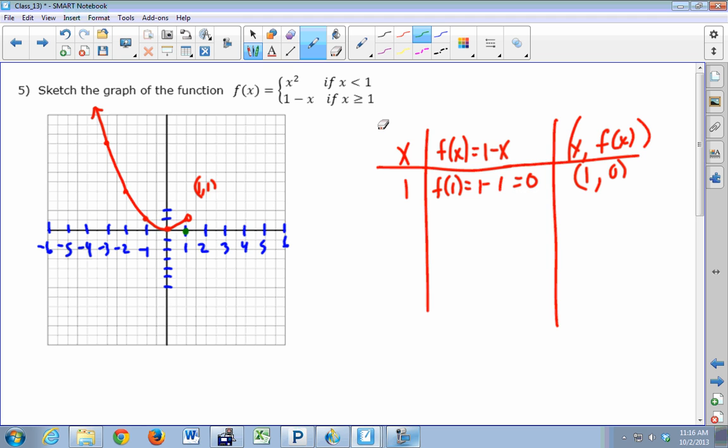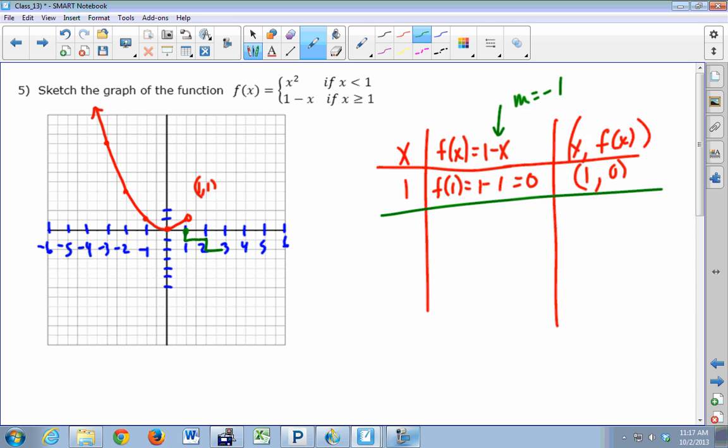There I am. And now I could either get the rest of my points by plugging in some values into my equation, or I can just use the slope of my line. The slope of my line is -1. So that tells me I go down 1 and to the right 1.